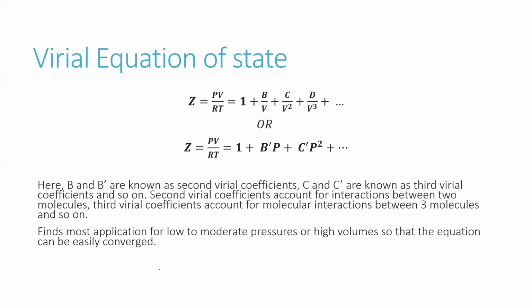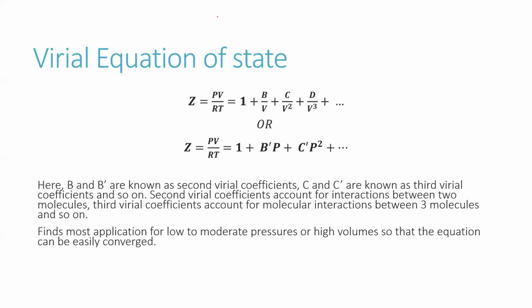Then, based on this compressibility factor, we come to the next equation of state, which is the virial equation of state. The virial equation of state is given in terms of powers of volume or in terms of powers of pressure.